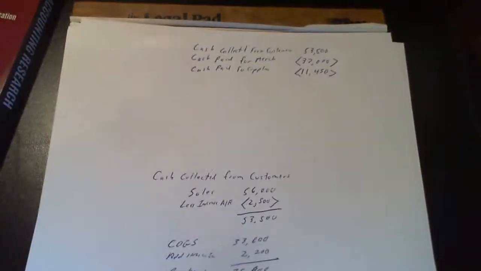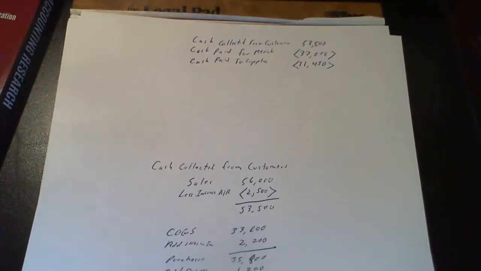The next up is the amount of cash that we paid for interest. And that should just be one line. Our interest expense, 2,100 on the income statement.